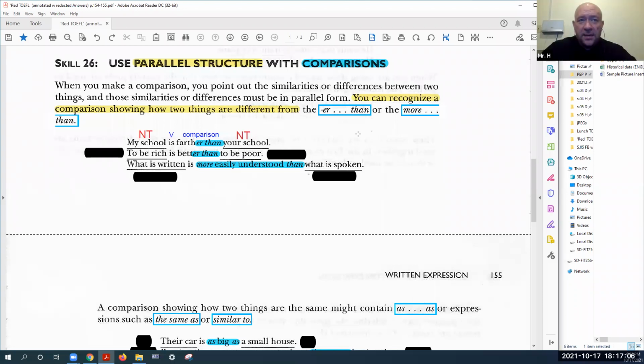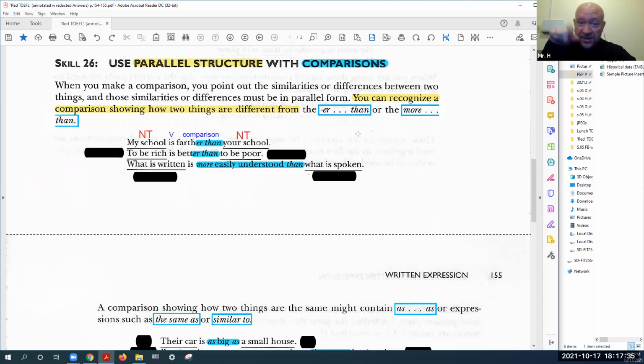Osama, second example. I'm sorry, I want to ask the second Osama, the Osama from section 4. To be rich is better than to be poor. Okay. In the middle, what do we have? Comparison. And before the comparison, there's a verb.